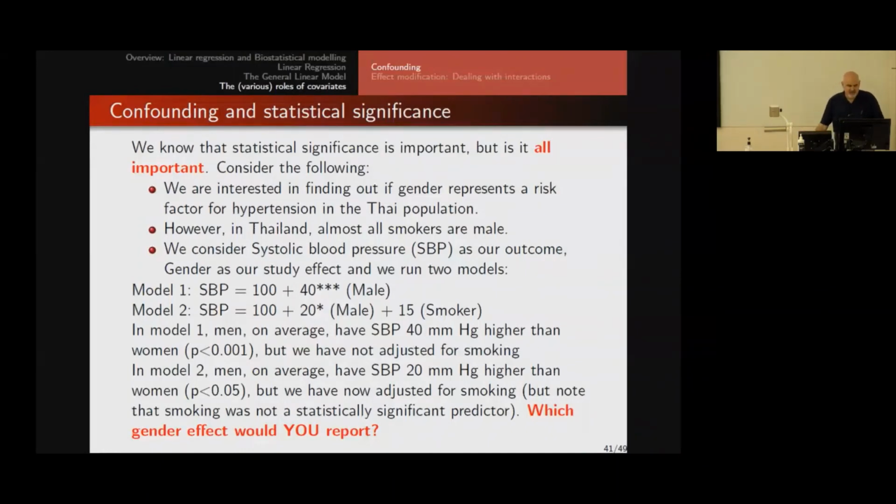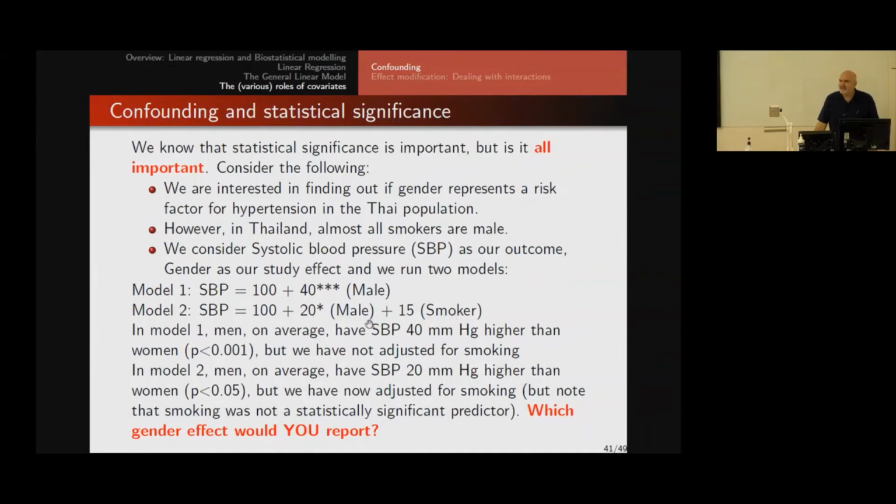In the first model, we find that being a male increases your systolic blood pressure by 40 units. By the way, this is not real. I'm just making it up. And it's highly significant. That's my crude model. Then I also put a smoking variable into a second model.